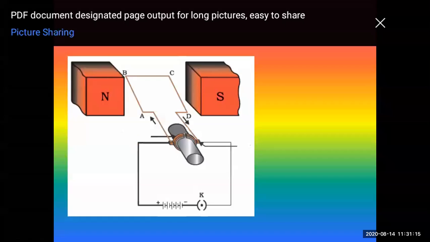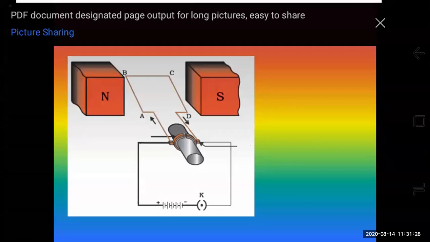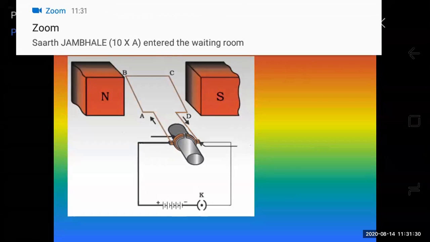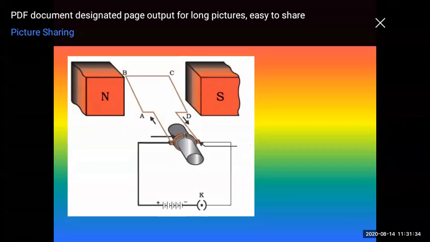The branch BA is always in contact with brush B1, and branch DC is in contact with B2. Hence in the external circuit, current flows from B1 to B2, opposite to the previous half rotation. This keeps repeating after every half rotation and AC current is produced.